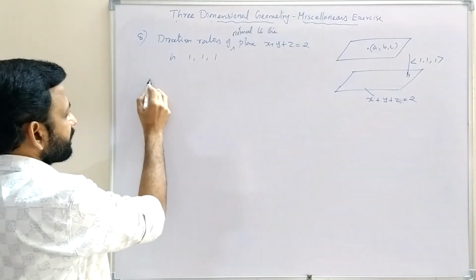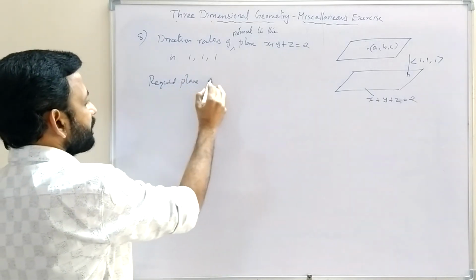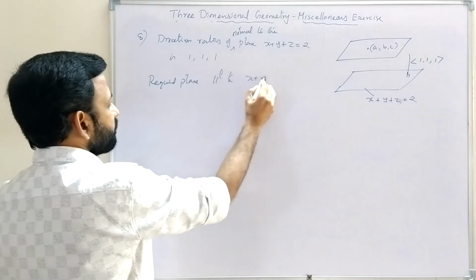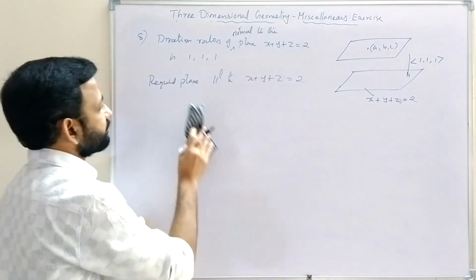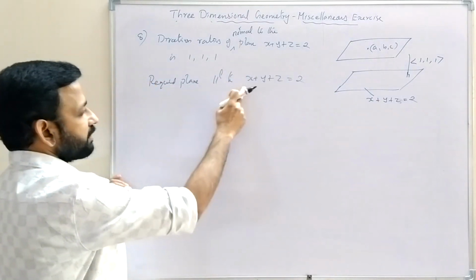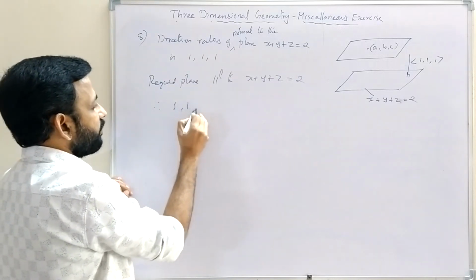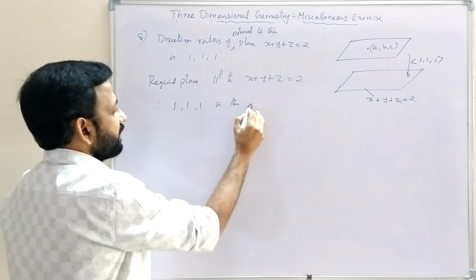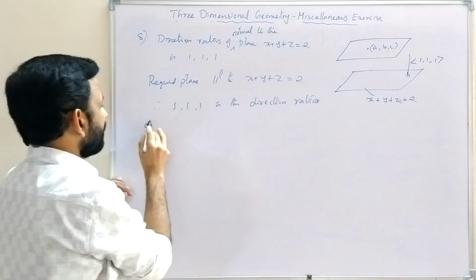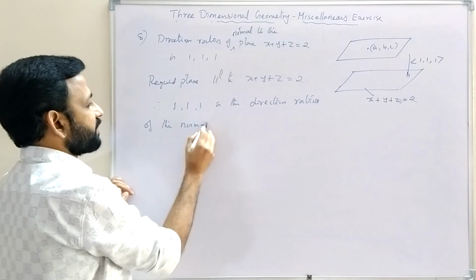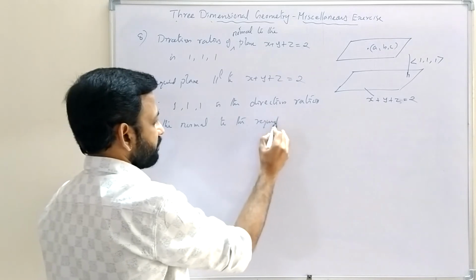Then the required plane is parallel to x plus y plus z equal to 2. Therefore 1, 1, 1 are the direction ratios of the normal to the required plane.